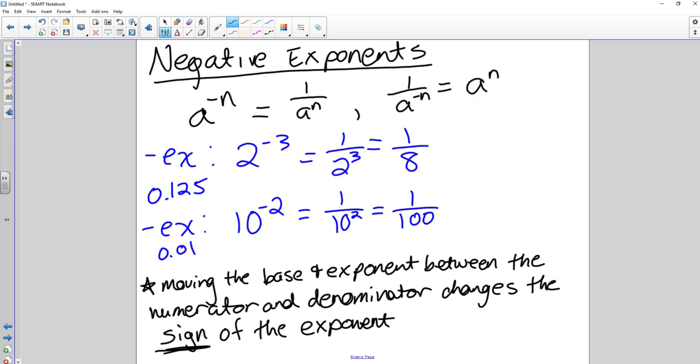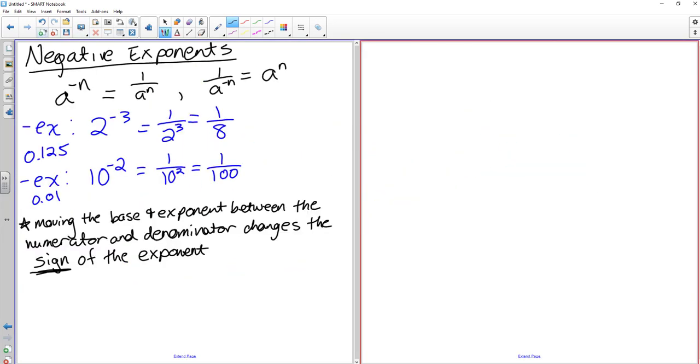Okay, so let's do one with that in the denominator. Let's do 1 over 2 to the negative 4th power.